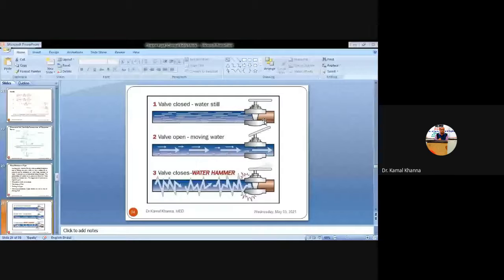As soon as you suddenly close the gate valve, the momentum of the water is destroyed, and the whole amount of kinetic energy is converted into strain energy. That results in a sudden rise in the pressure of the water at the point of closing, and the water moves in the backward direction along the length of the pipe, suddenly increasing the pressure.